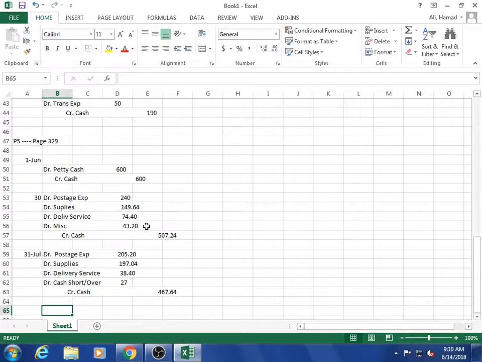And then how might an imprest petty cash fund be helpful in controlling the expenditures?